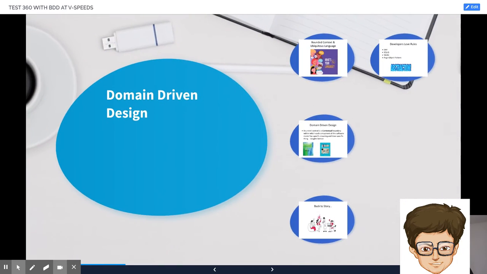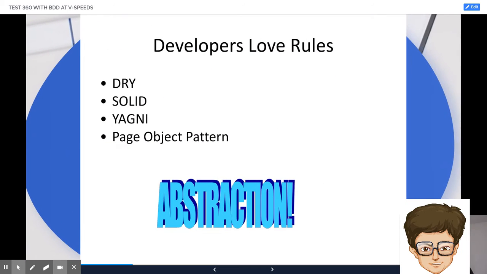Now, no matter what the outside world says, test automation effort is software development work. It takes the same amount of discipline to write test code that development code needs. And we developers love rules.